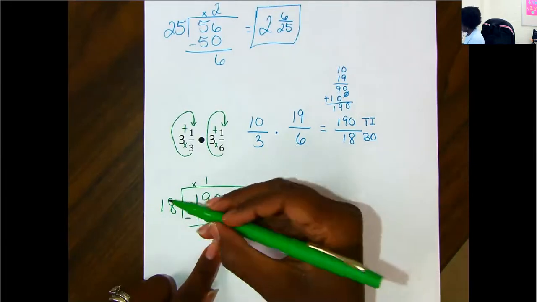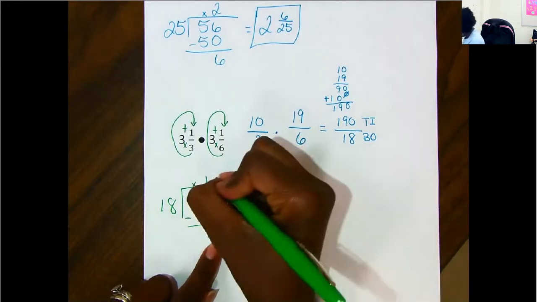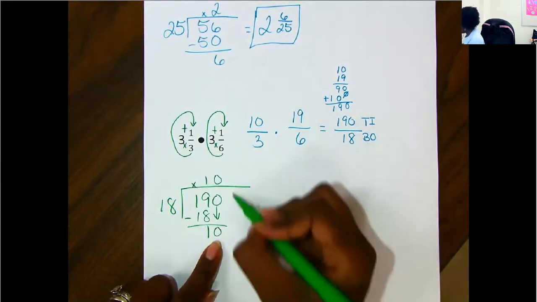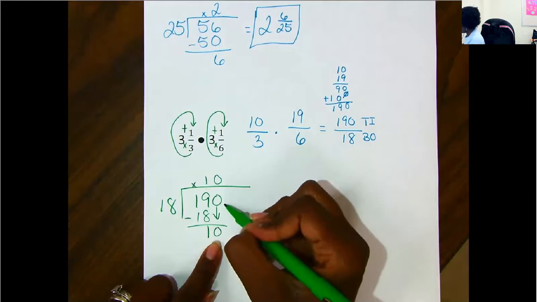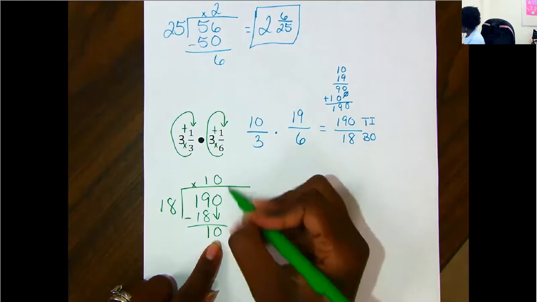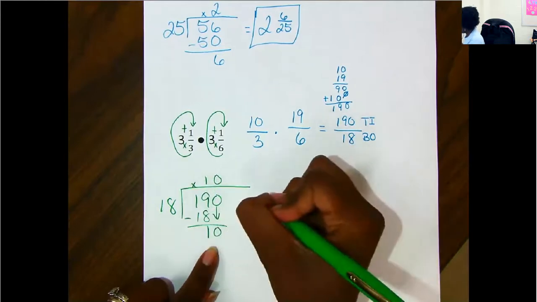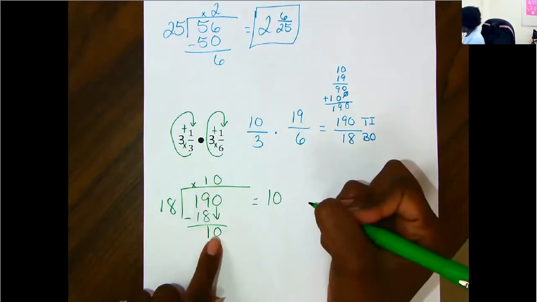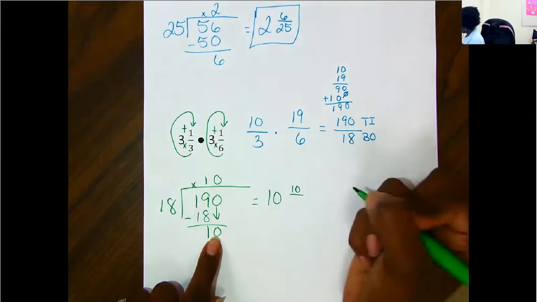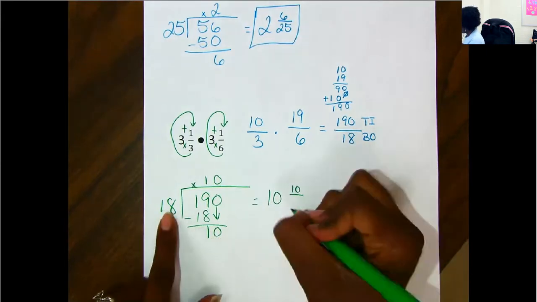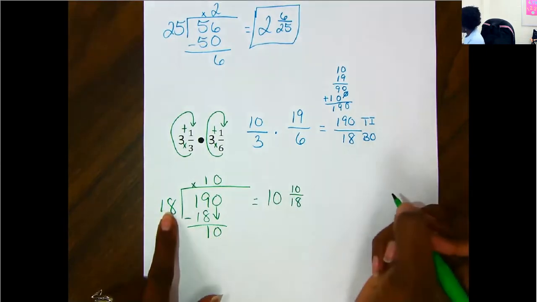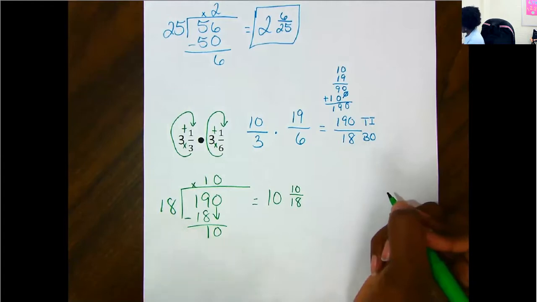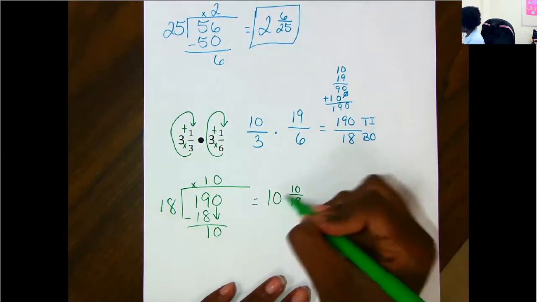All right, 18 will not go into 10. Remember, we do not add a decimal. What's left over is our answer. So at the top, here's our whole number. Our remainder is now our new denominator. All right, I have 10 and 10 18ths.